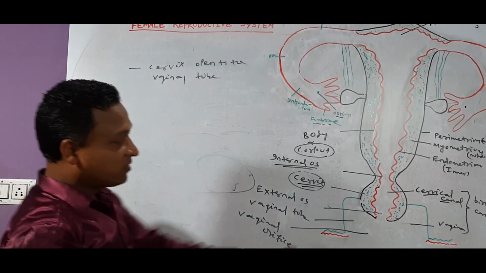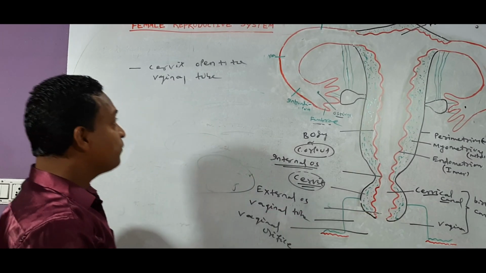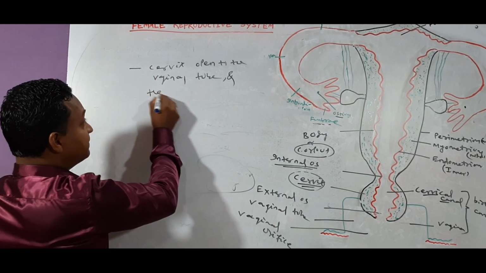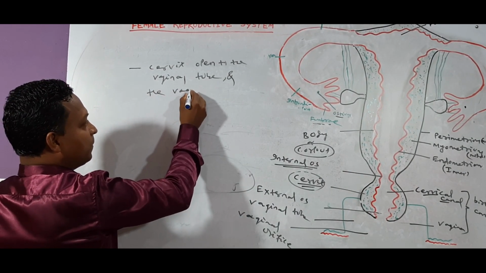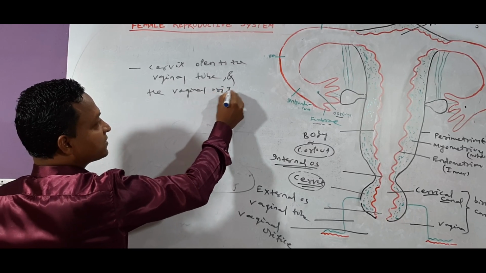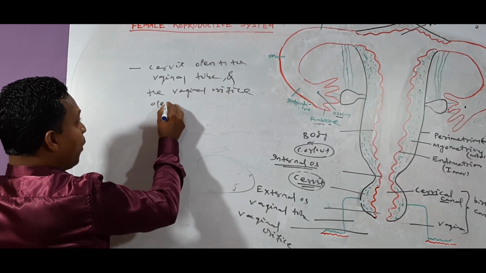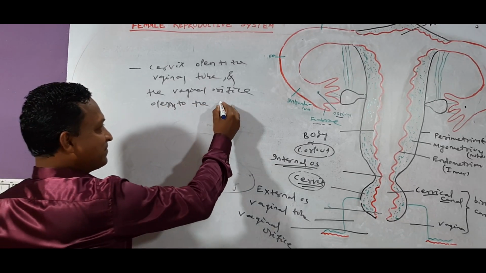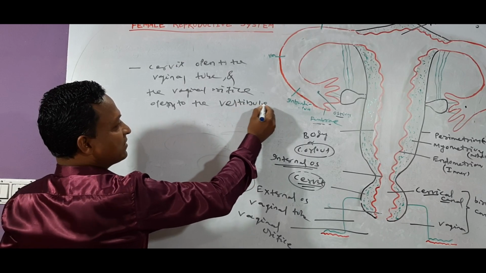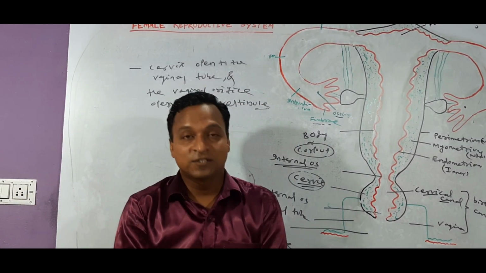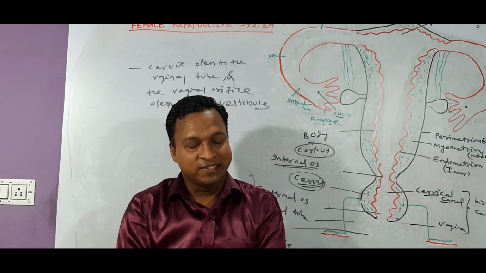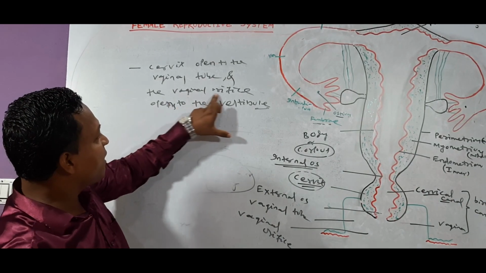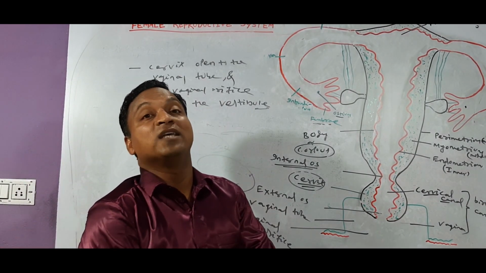Whereas the vaginal orifice opens to the vestibule. There is a depression found in the vulva or external genitalia, that is called the vestibule. The vaginal orifice opens to the vestibule.